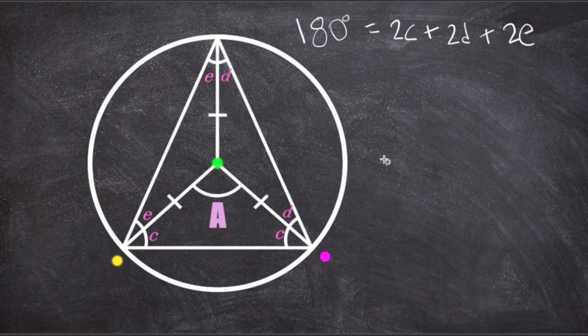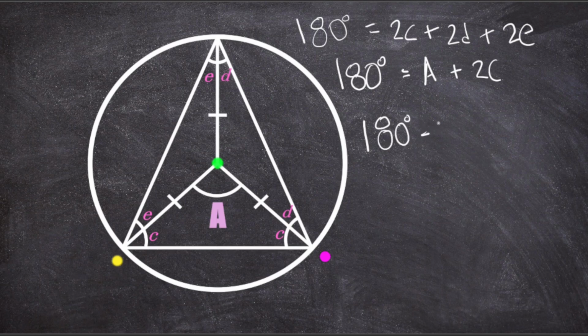But also notice we could find A in terms of the other angles in the bottom triangle, because the sum of the angles must be 180 degrees, and that must be equal to A plus 2C. What I'm going to do now is convert this to C using this equation. If we simply subtract A from both sides, 180 degrees minus A equals 2C.